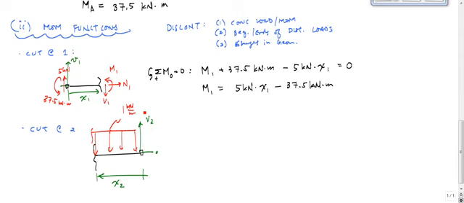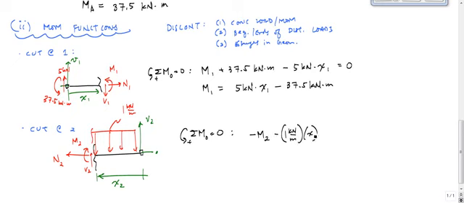All right, and so here again, I have this is my M2, N2, and my V2 going like this. I'm going to take again moments about the cut equal to 0, like this, and I'd have minus M2 minus 1 kilonewton per meter times X, that's the force resultant, times X2 divided by 2, which is the arm, okay?